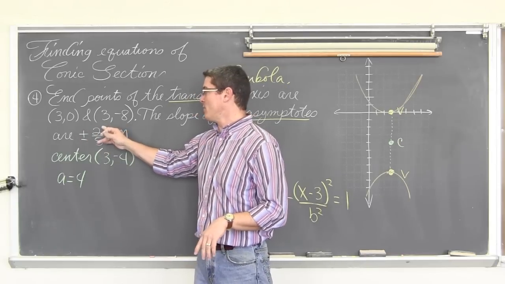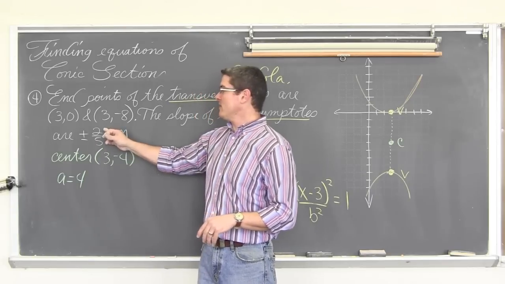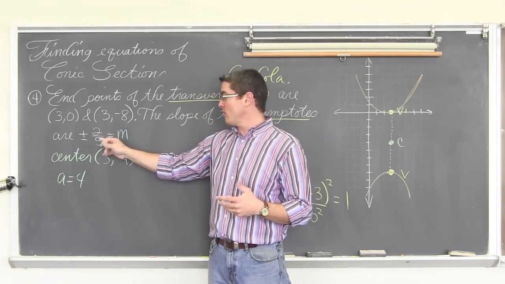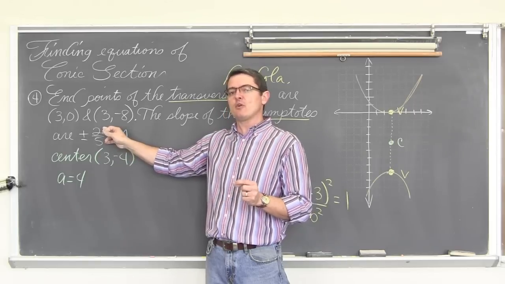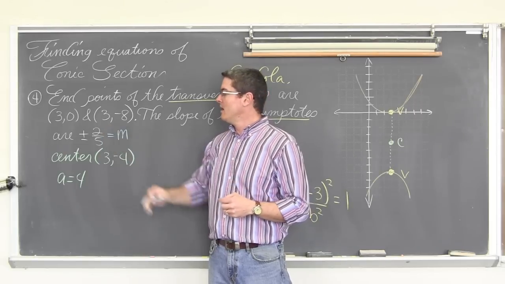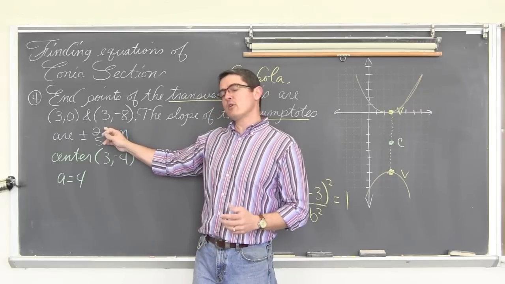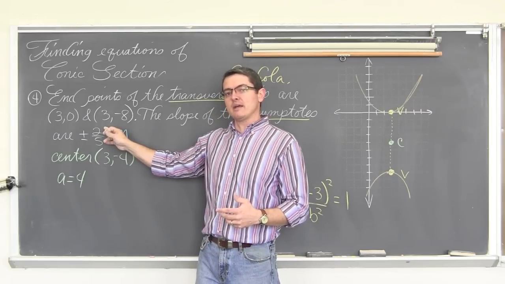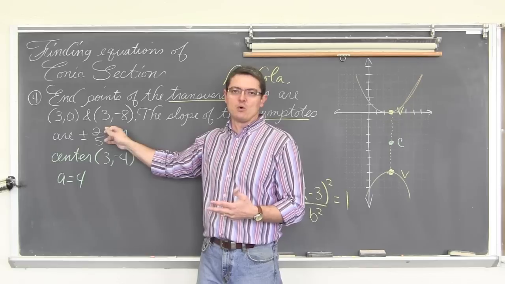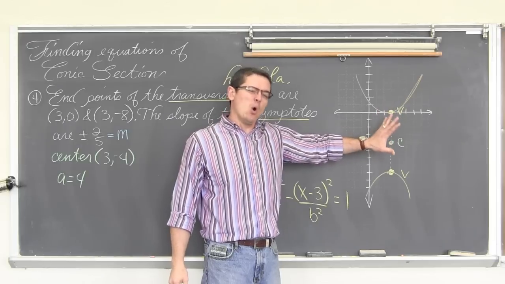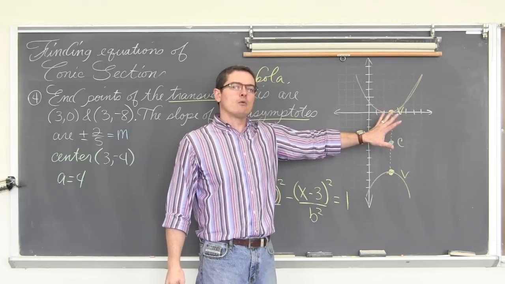So when I see the slope of 2 over 5, if I don't know which of these numbers represents a or b, and we are talking about a fraction, so it could very well be in reduced form, that could be an issue. So if we don't remember that for vertical hyperbolas, slope is plus or minus a over b, again, sketching the information given will also hopefully remind you of that.